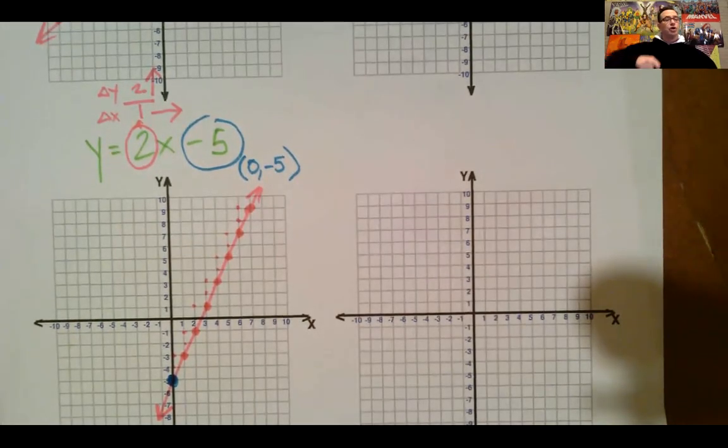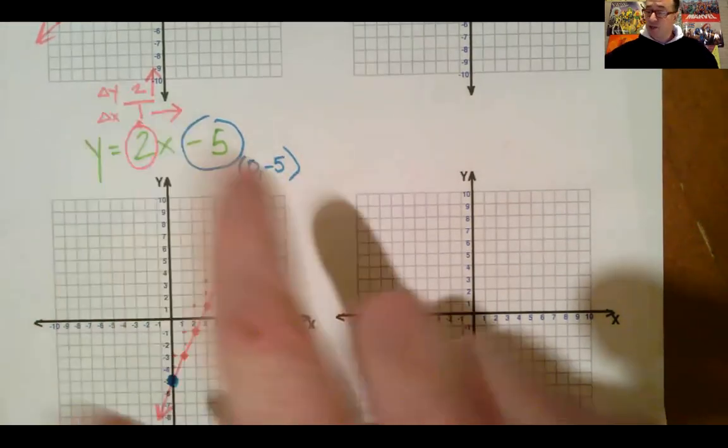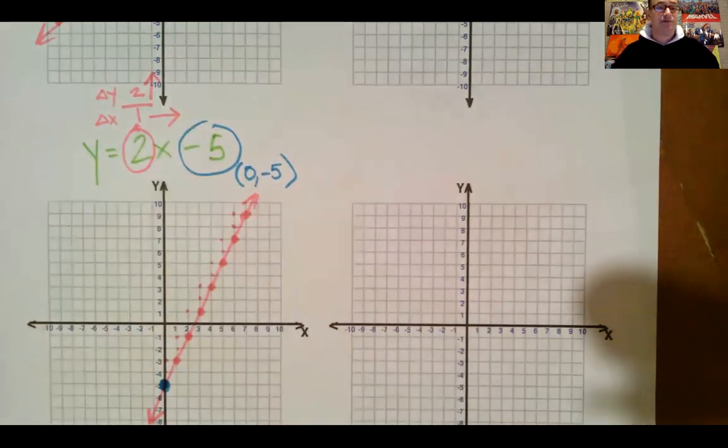Now, what we remember is the y-axis is always vertical, so that's always up and down. So basically, you look and see if it's a positive number or a negative number. If it's a positive number, you go up. If it's a negative number, you go down. And whatever that number is tells you how many places you go. So that's why for these, we went up 2 every time, because that top number was a positive 2. The bottom number is your change in x every time.